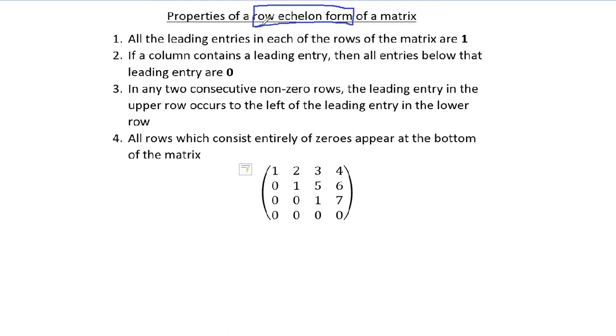Let's go through the first property first, where all the leading entries in each of the rows of the matrix must be equal to 1. It cannot be 2. Sorry about that.